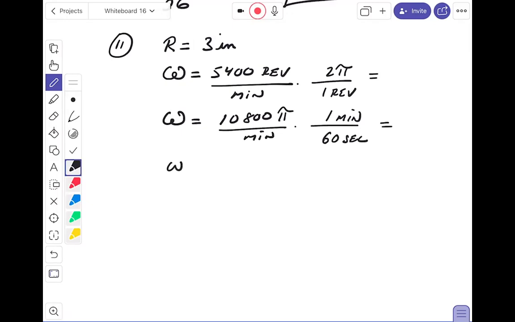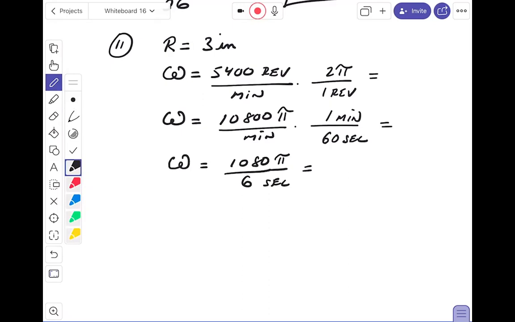I'll write this down. My omega doesn't look so good there. Let me erase it again. Let's see, you get 1080 pi over 6, minutes cancel off, per second. I'm going to reduce that. Oh, I forgot the pi. I'm sorry about that. I think 6 goes into 1080.